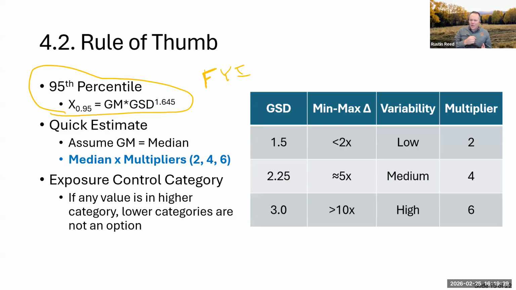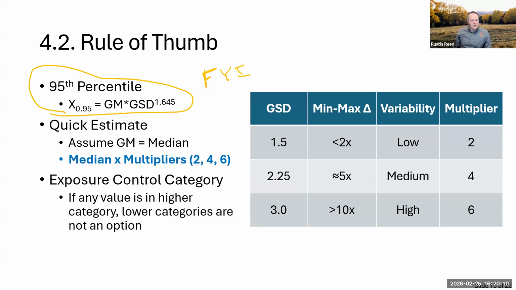Like I said, this is back of the napkin. I'm out in the field. I can't use my phone to do this on Expo Stats. Again, it's just a quick and dirty estimate to determine what our exposure rating might be.